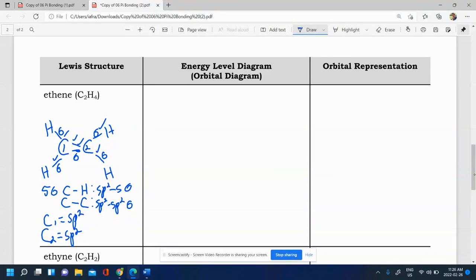So we have a double bond, which means that it's made up of a sigma, and then we have 1 pi, and that's going to be the unhybridized orbitals that make it. So just a reminder that we're going to have in our diagram somewhere some hybridization, but also some unhybridized orbitals that are left behind, so to speak. So this is really going to help us when it comes to drawing our diagrams out.